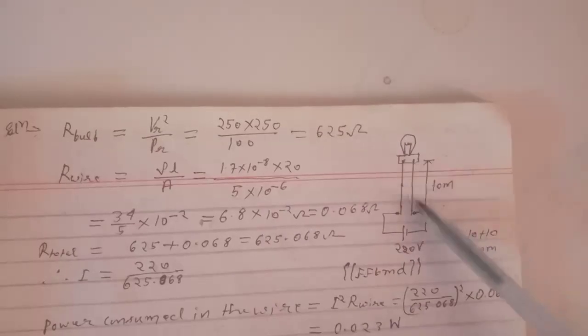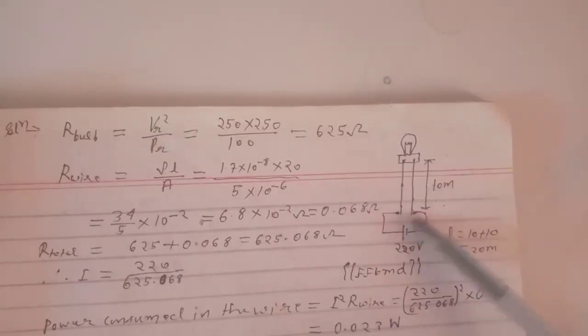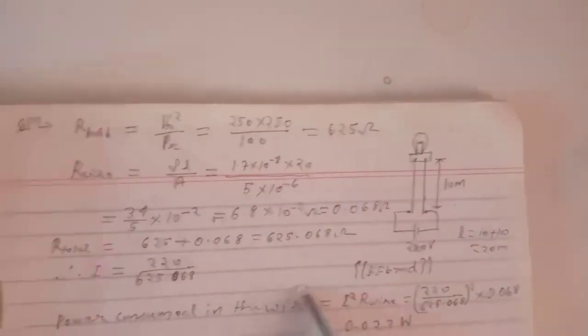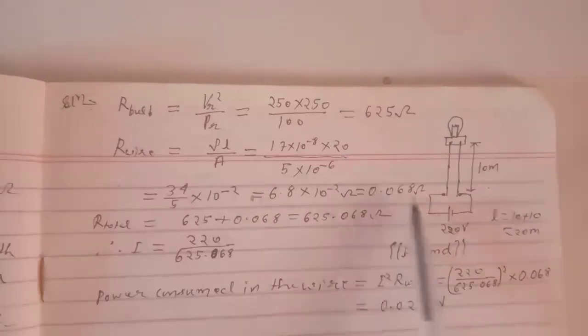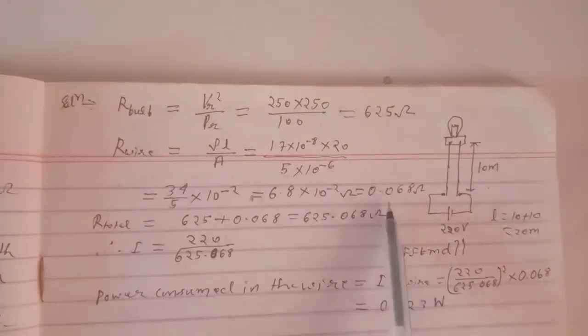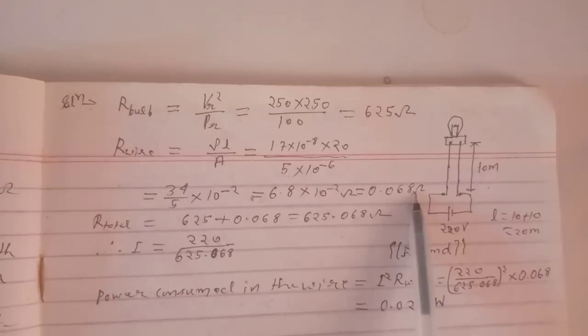Because the one length is 10 meters, we need 2 wires to complete the circuit, so we have taken 20 here. So R wire is 0.068 ohm.